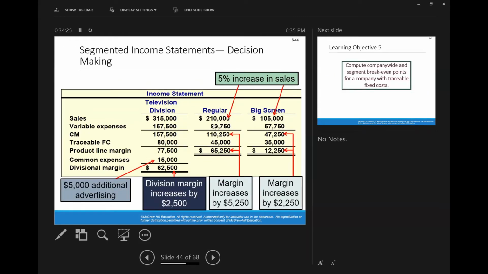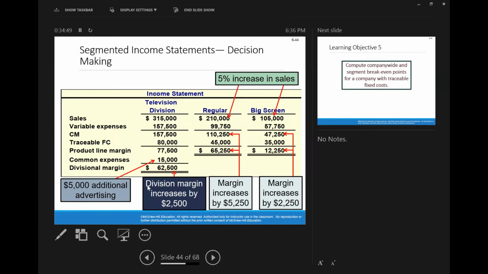Our variable expenses change, and our fixed expenses stay the same. The contribution margin changes because we've changed how much we're selling. We have a margin increase for regular of 52.50, and a margin increase of 22.50 for the big screen.